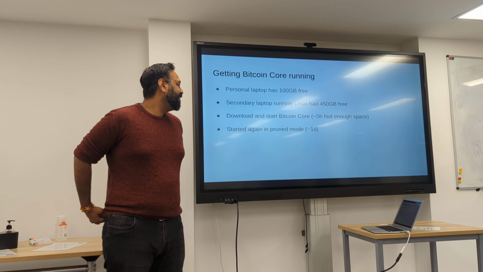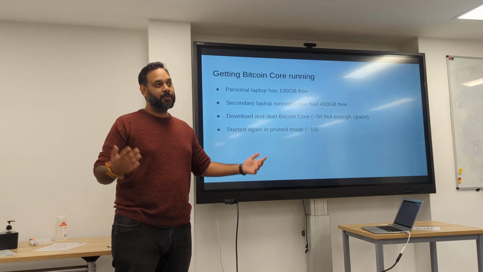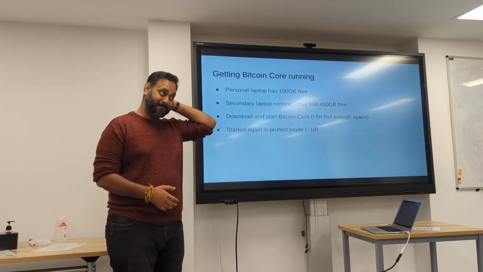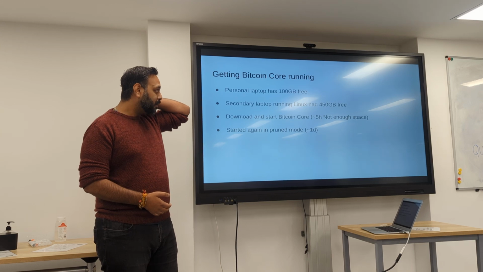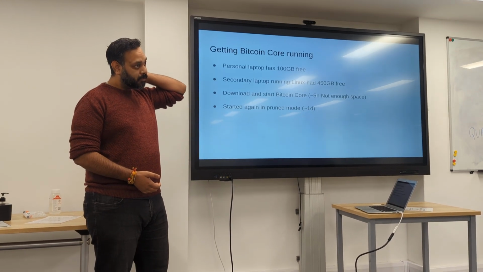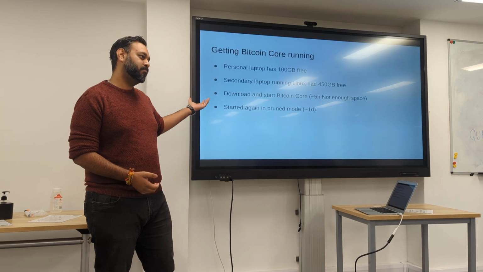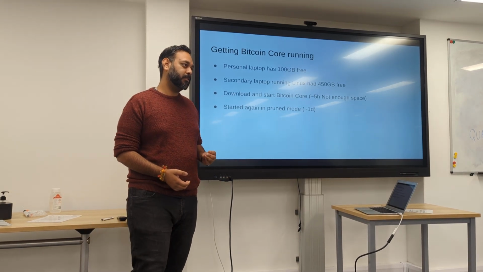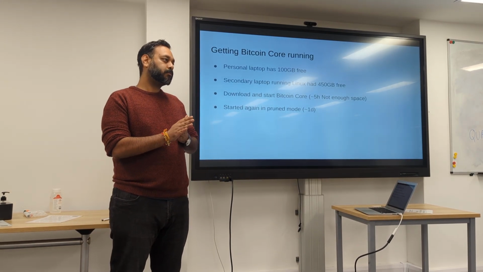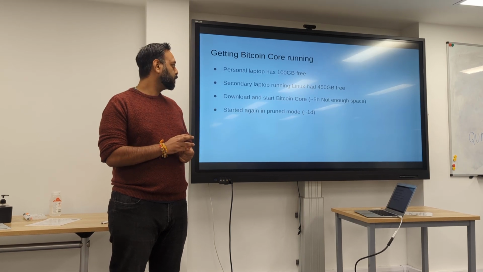And when you change the settings and say give me a pruned node, it started all over again for whatever reason. The reason is because it has to verify all the things. But it already downloaded a bunch of stuff. Yeah, but it looks at the blockchain, it has to make sure that all the things are valid, right?